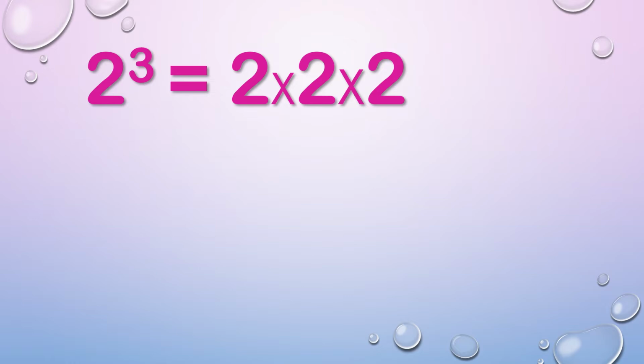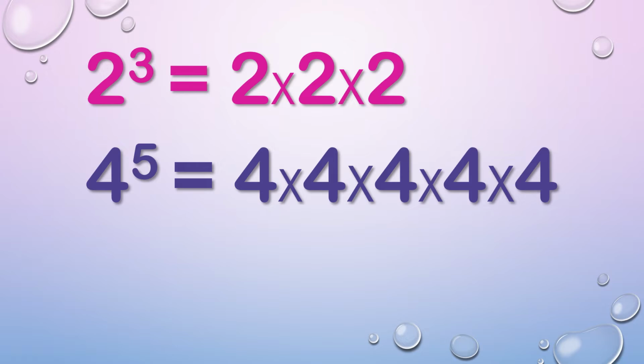Okay, let's take some powers, then let's expand these powers. First one is 2 to the power 3. There are 3 2's, so it can be written as 2 times 2 times 2. And the second one, 4 to the power 5.